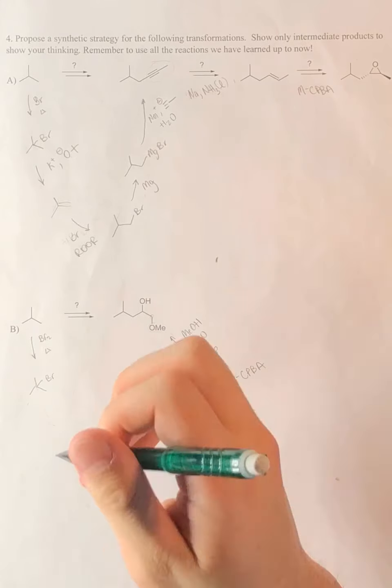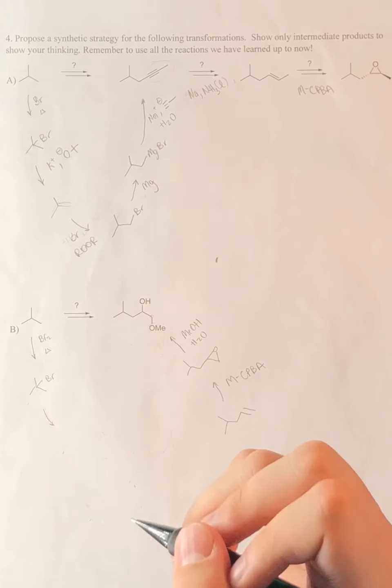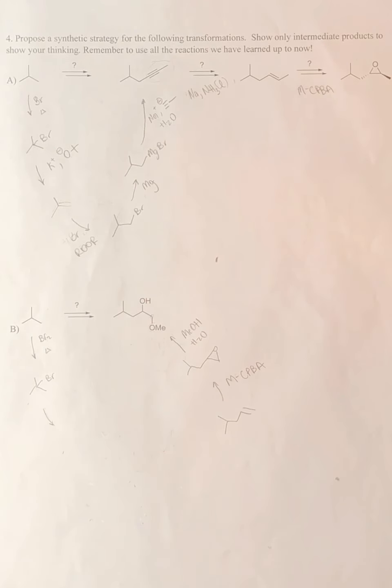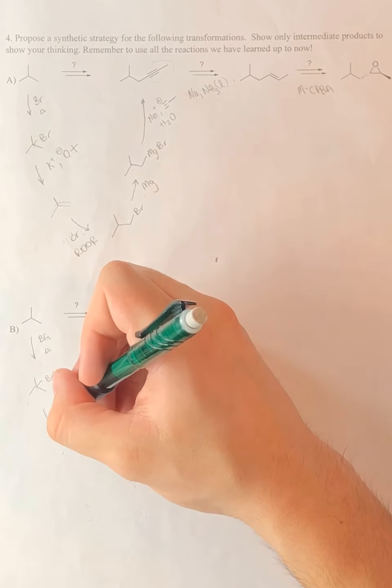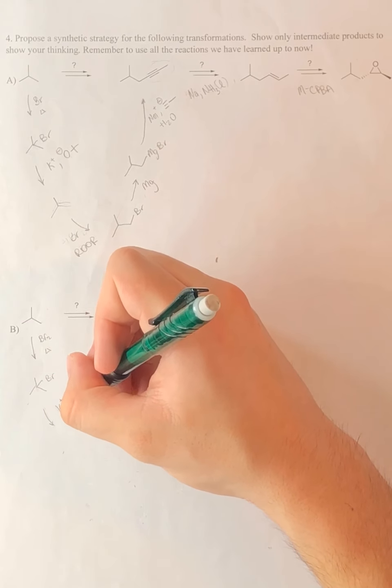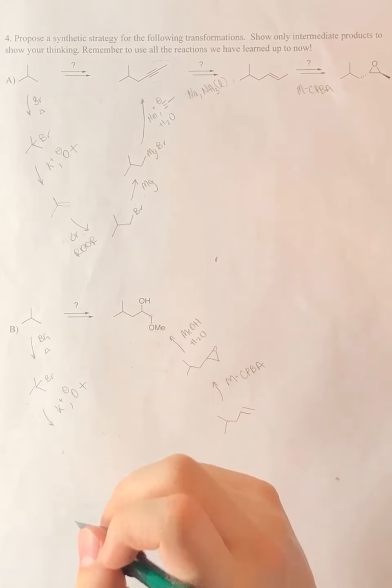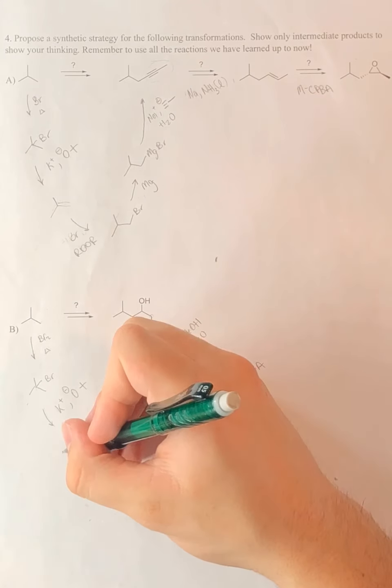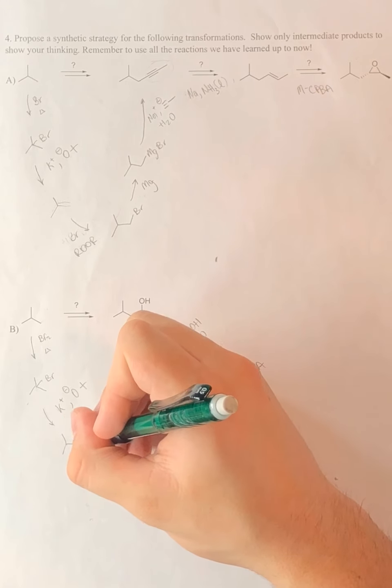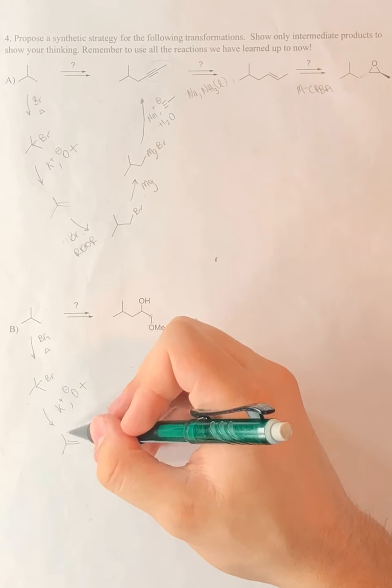Now we want to get rid of that bromine, so to do so, we're going to use a base, and I like to use bulky bases for some reason. And when we use a bulky base, we'll get this intermediate, where we're going to form an alkene right here.